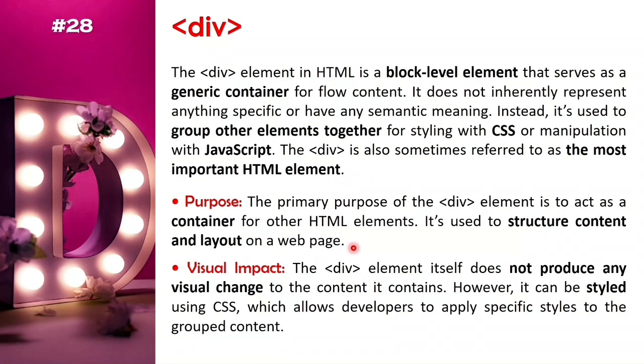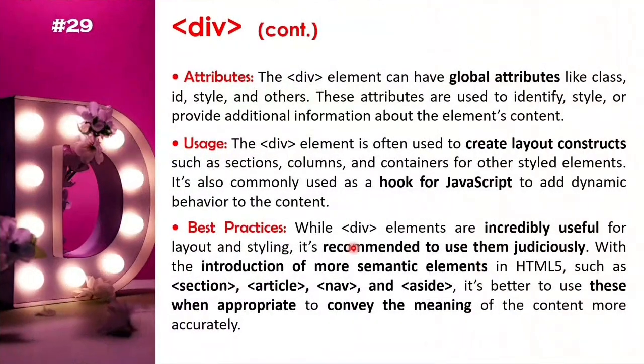So by default, putting content inside a div doesn't create any visual change. It does support the global attributes and all. It doesn't have any really specific attribute. The global attributes, the class, ID, style, and other ones, can be used with any element. So as we said, it's used to create layouts and for styling, and it's also used for JavaScript in some cases.